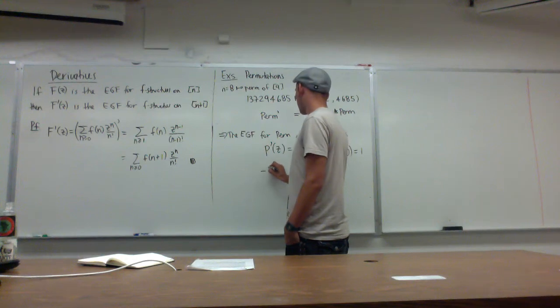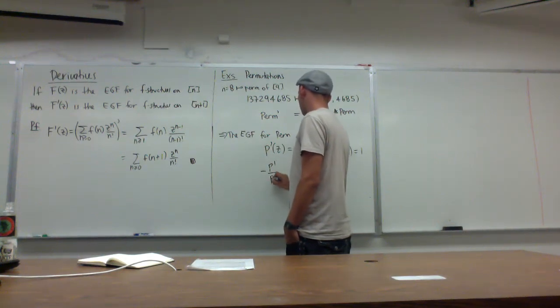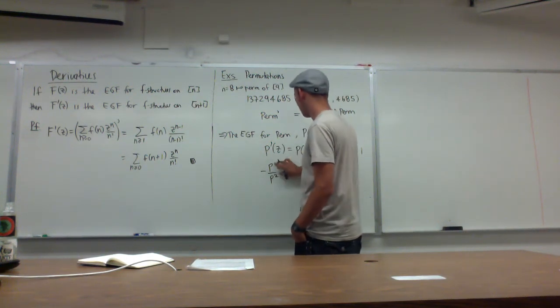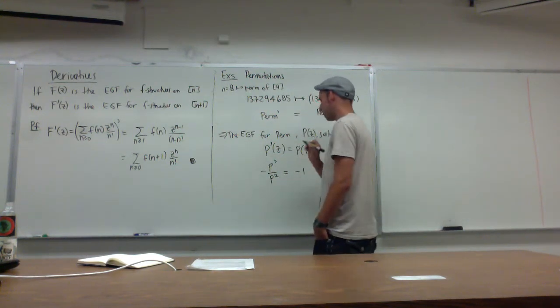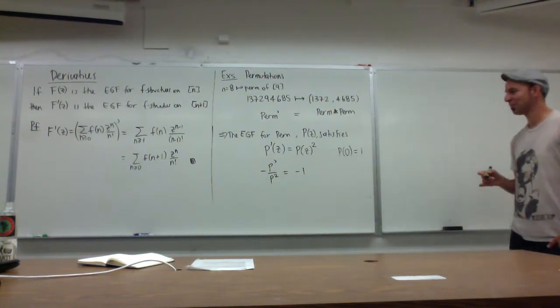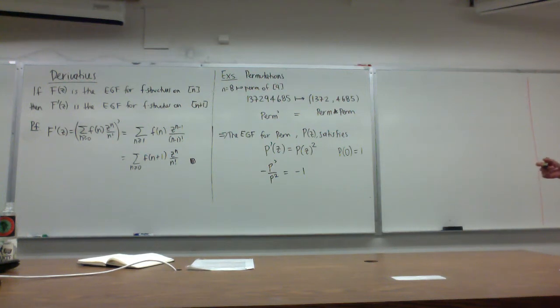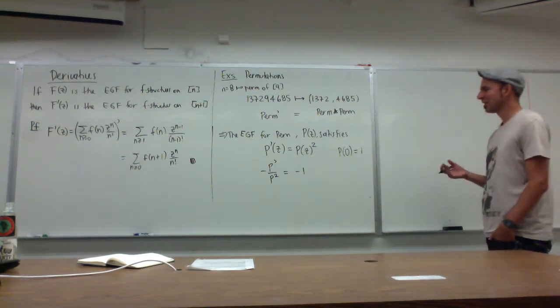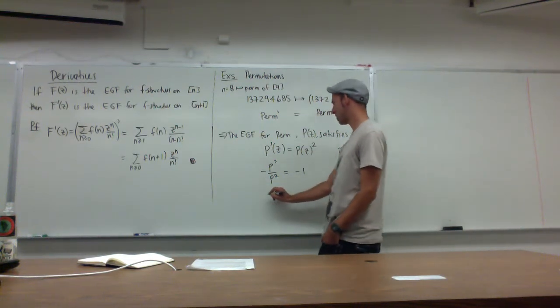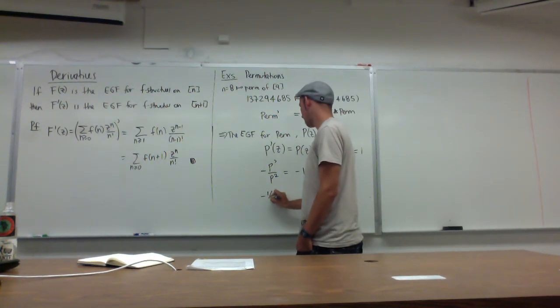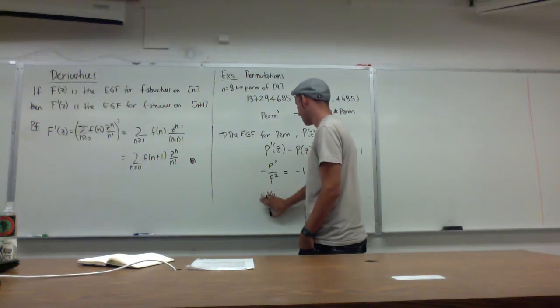I go minus p prime over p squared equals minus 1. Why did I do this? Because this is what you do to differential equations. This is the derivative of 1 over p, right?